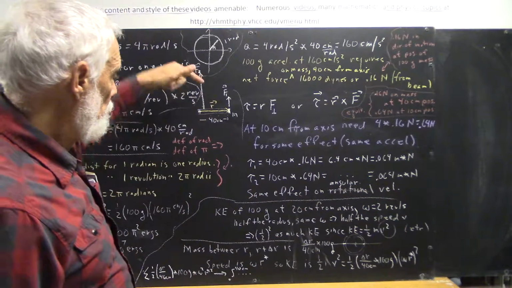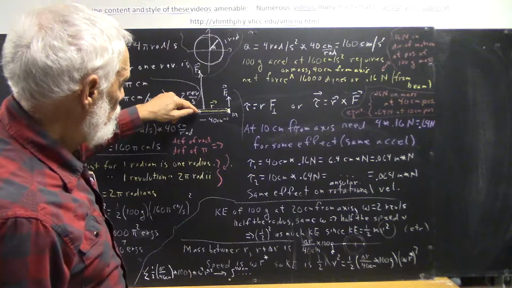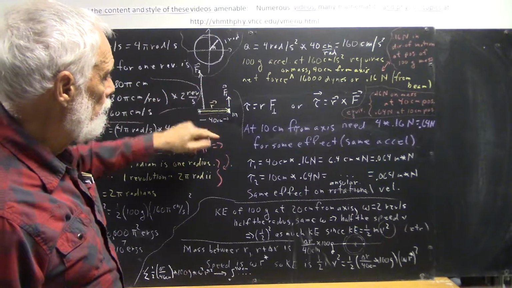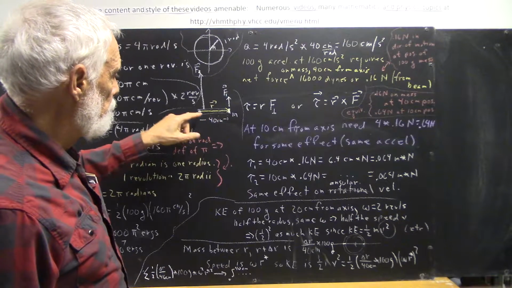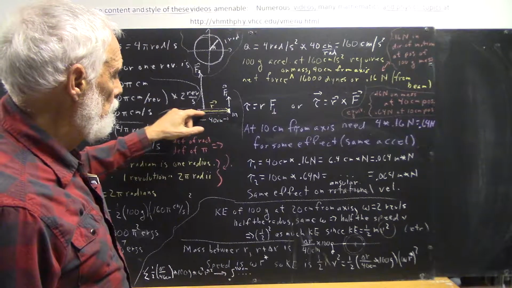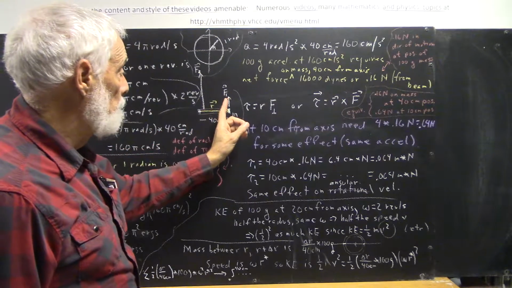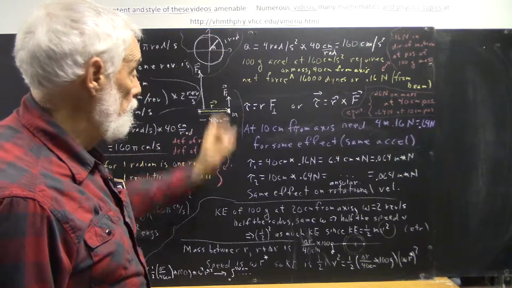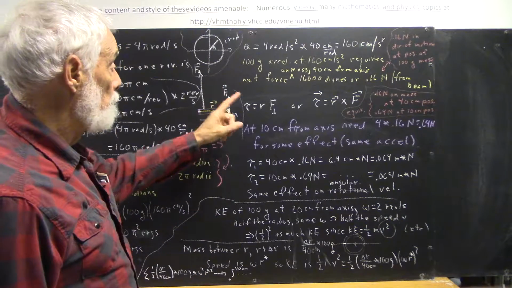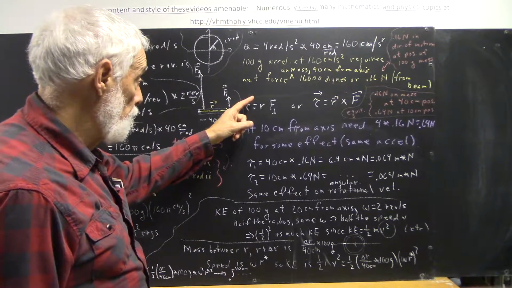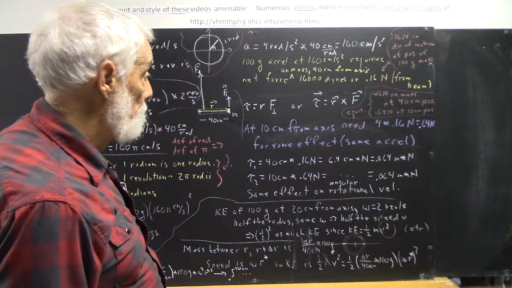Okay, picture might be like this. We have an axis of rotation here. We apply a force out here at a 40 centimeter distance, then our R vector would be the 40 centimeters from here to here in this direction, and a perpendicular force would be in this direction. If the force wasn't perpendicular, we would use only the component of that force in this direction.